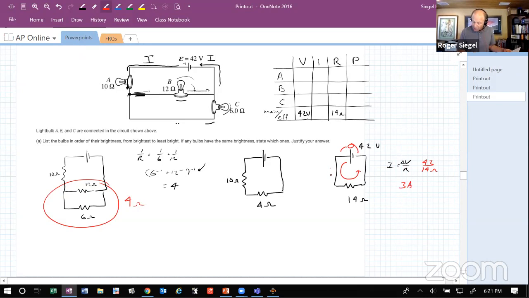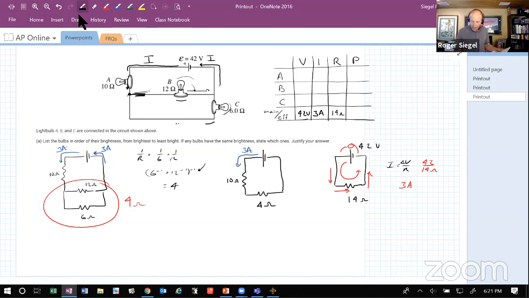So that means I've got 3 amps going through this branch. So I'm going to go ahead and put 3 amps. And ladies and gentlemen, that's in the main branch. So I can put that here, 3 amps. I can put it here, 3 amps, and I'll put it here coming back in, 3 amps. All right, good. Now I'm going to leave the power until later, and then we'll come back and do that.